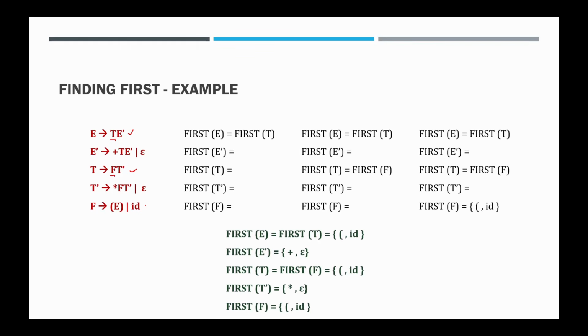Where is the F production? Here. What is first of F? Can you see the first symbol on the right hand side? It is an open parenthesis, so include the open parenthesis.